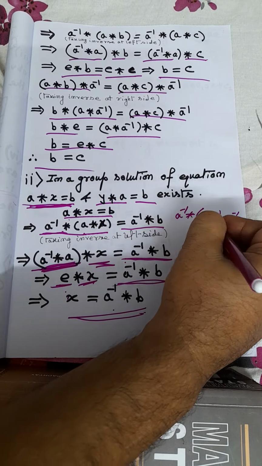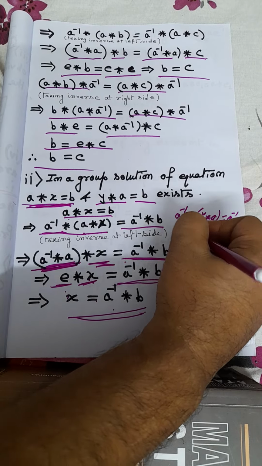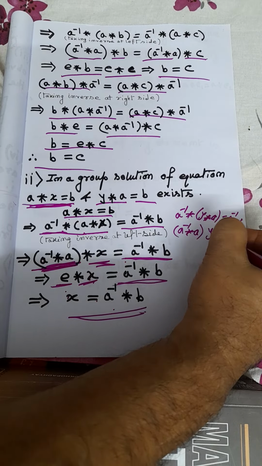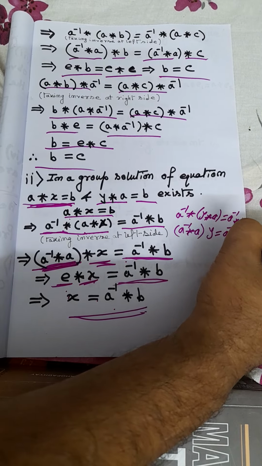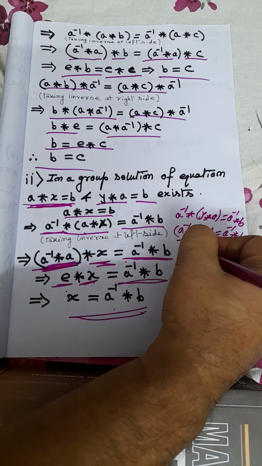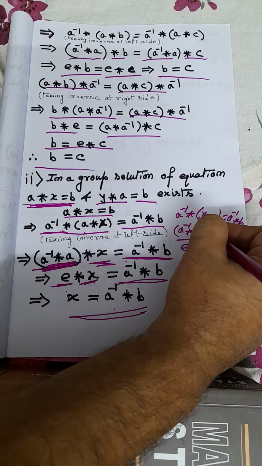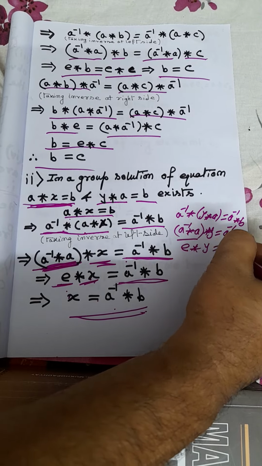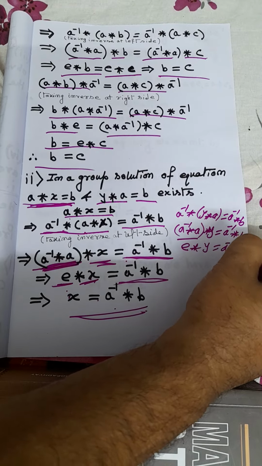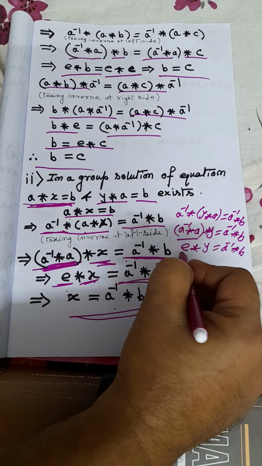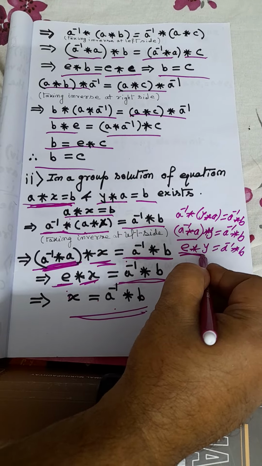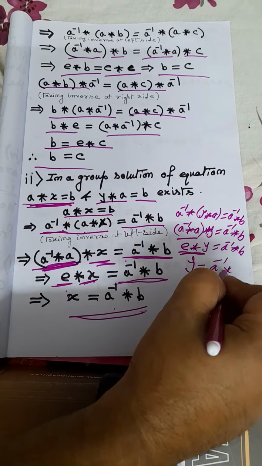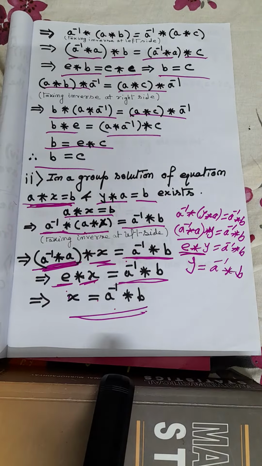Then a inverse a will give us the identity element, so the identity element binary operation y gives y, and we get y equal to a inverse b.